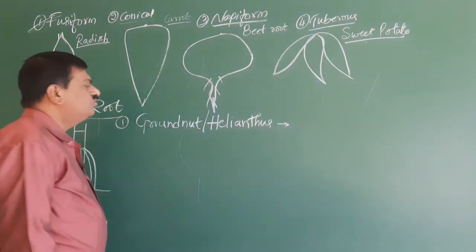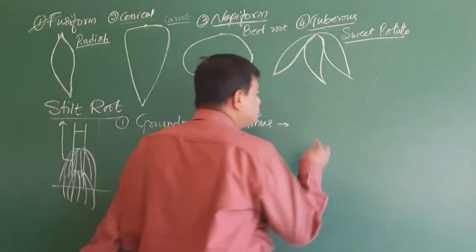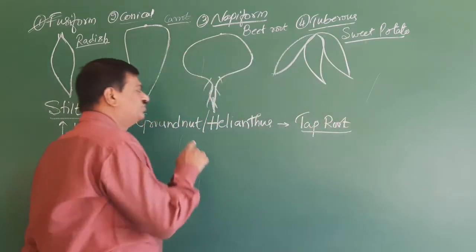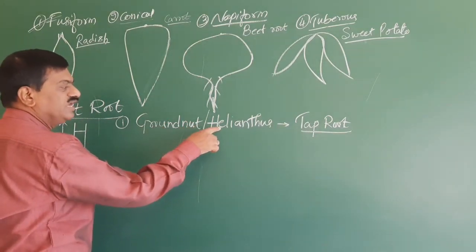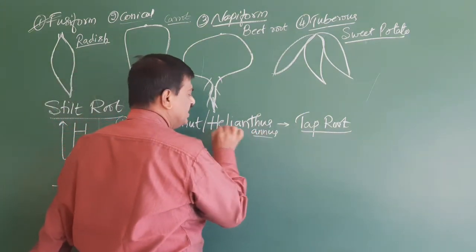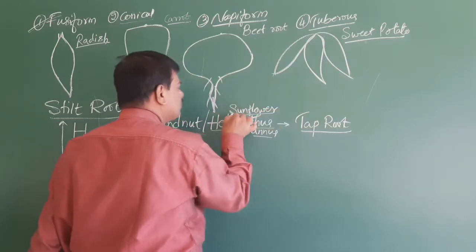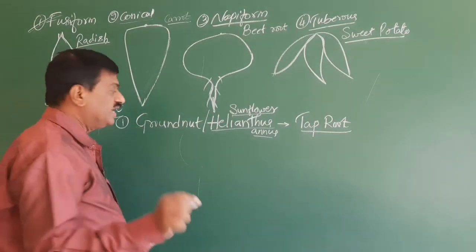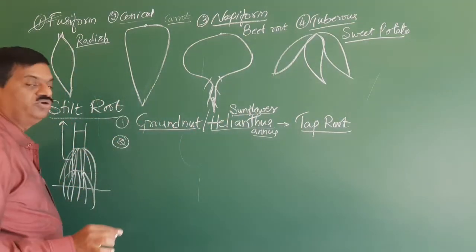In groundnut and Helianthus, a normal taproot system is present, with modifications. Helianthus annuus is the botanical name of the common sunflower. Groundnut is Arachis hypogaea. Both are dicots, and there is a presence of taproot system.